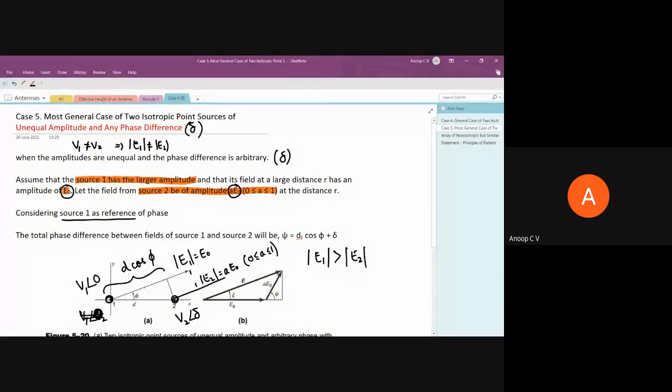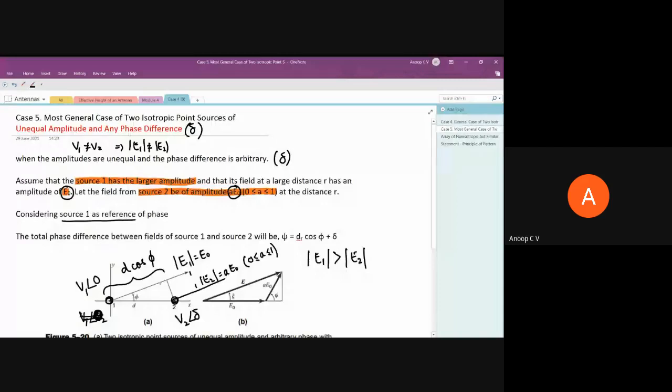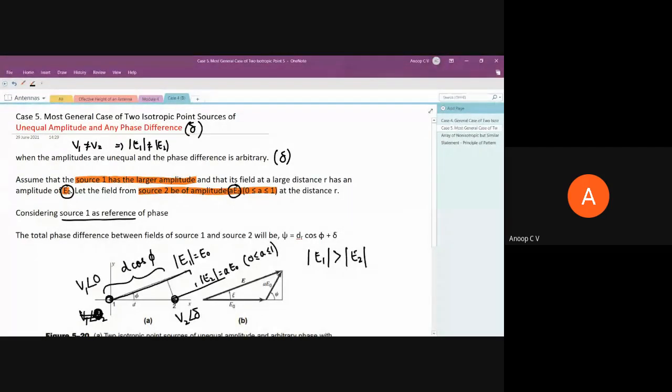But the radiation from source 1 has to travel this much distance to reach here, while source 2 has to travel only this much distance.